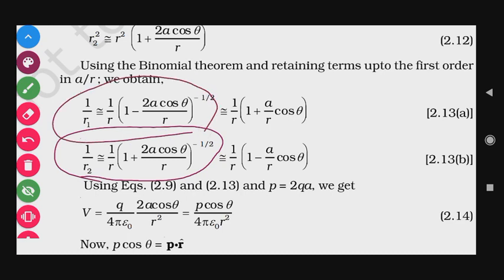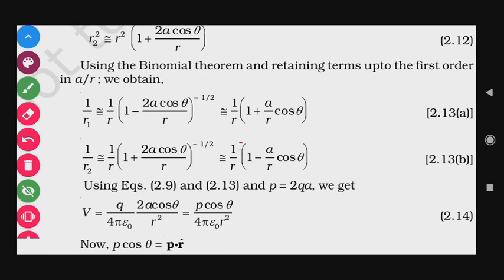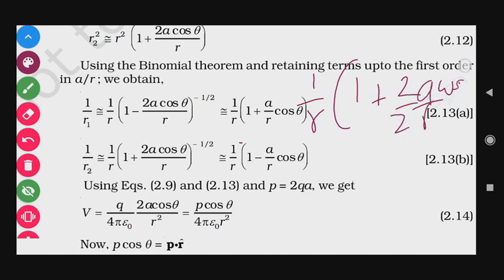Now you know the binomial theorem, you have studied it in class 11th. So if I apply the binomial theorem, this -1 by 2 will be multiplied. So this will become 1 upon r, 1 plus, because -1 by 2 is multiplied with minus, 2 by 2 a by r cos theta, applying the binomial theorem.